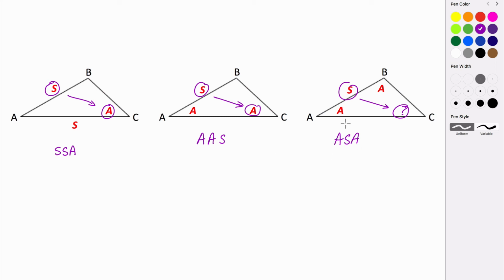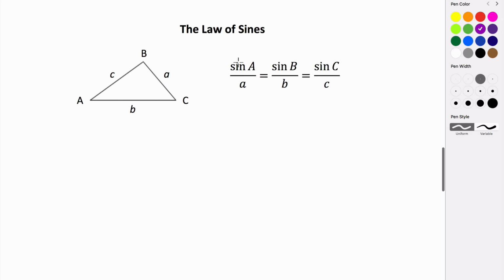What does the law of sines say? So the law of sines says if you're given triangle ABC with side lengths A, B, and C, where side A is opposite angle A, B is opposite B, and C is opposite C, that this proportion holds. So basically what it's saying is the ratio between the sine of an angle measure and the side opposite it will be equal for all three sides.